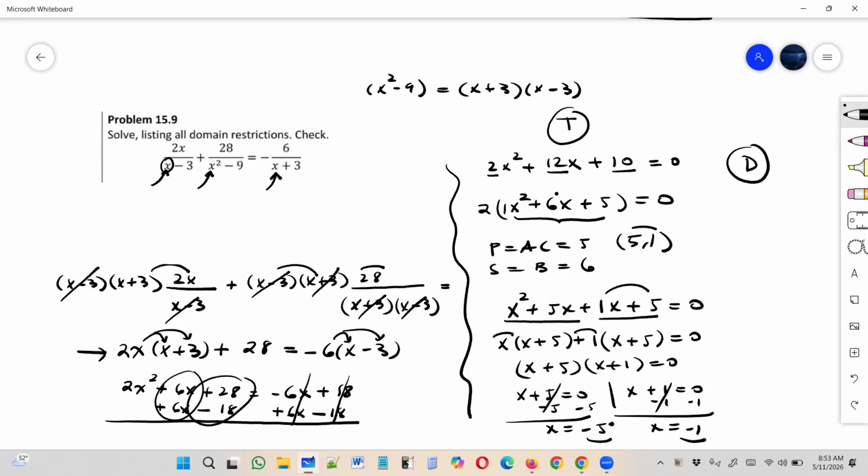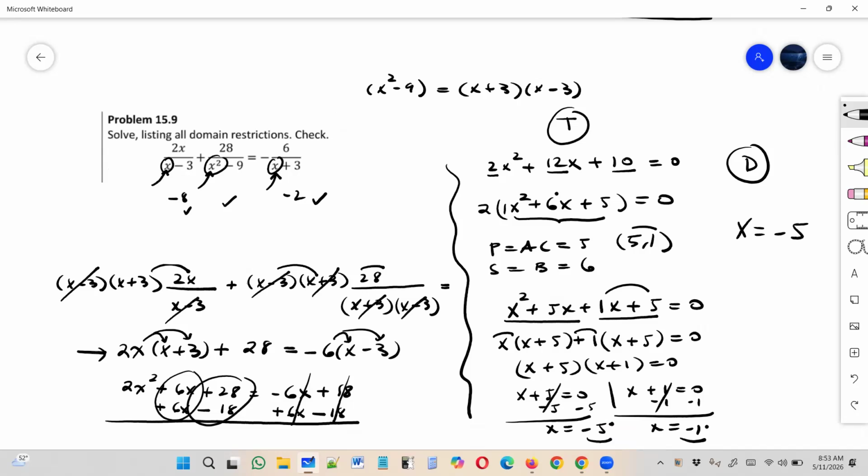So negative 5 minus 3, negative 8, okay. Negative 5 squared, 25 minus 9, definitely not 0, okay. Negative 5 plus 3, negative 2, not 0, okay. So negative 5 is a solution. So you can write negative 5, okay.